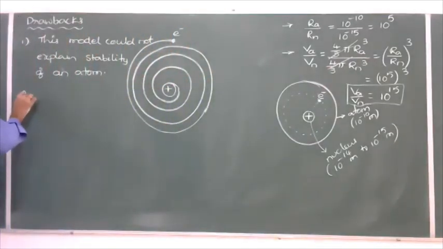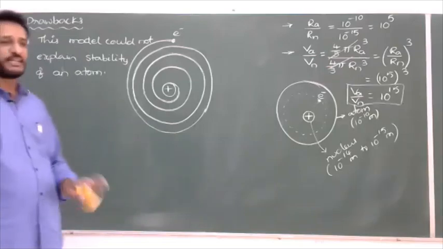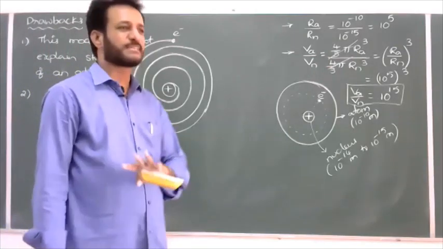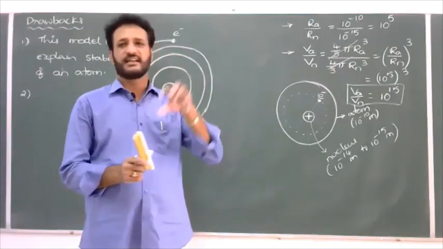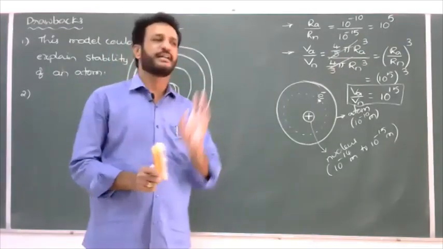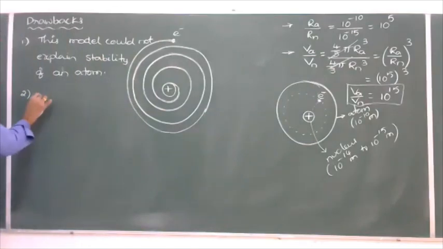Second, one more drawback: Rutherford's model does not explain the arrangement of electrons in the atom, how the electrons are arranged in the different orbits. So it is also unable to explain this.